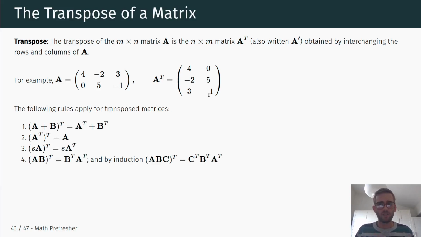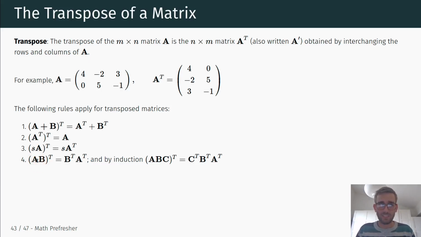There are a couple of rules that apply for transposed matrices. If we have the transpose of a sum of two matrices, that's equal to the sum of the transposed matrices. If we take the transpose twice, we get the original matrix. A scalar times a matrix, and the transpose of that is equal to the scalar times the transpose.